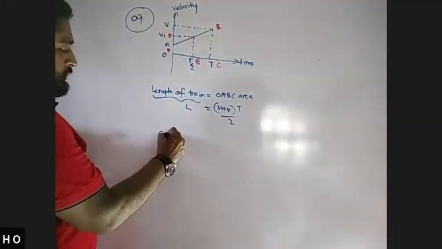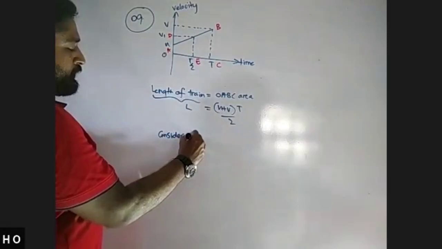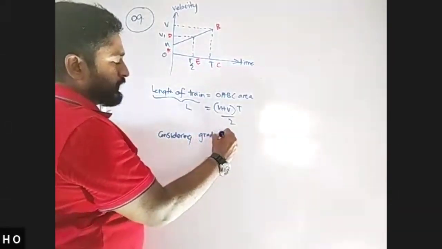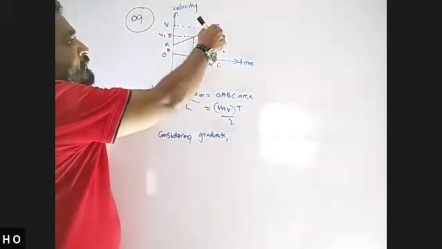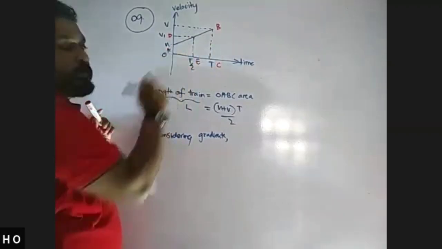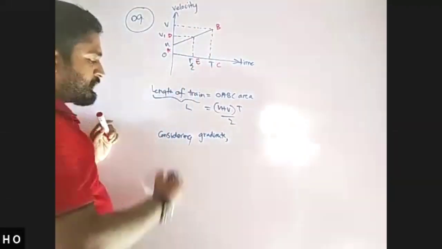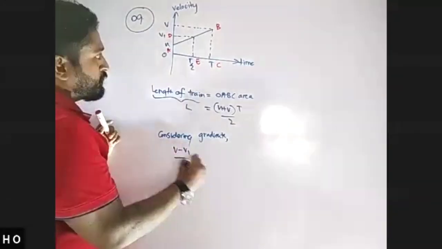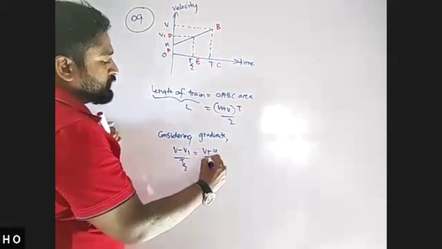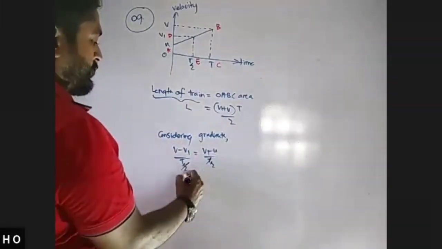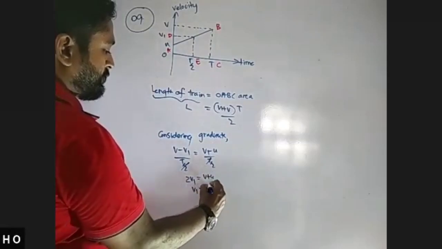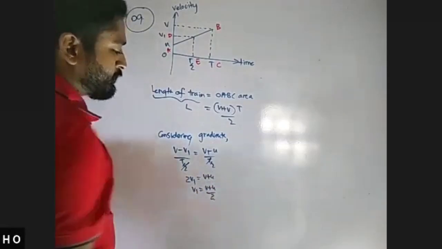You don't need to name the acceleration; just consider the gradient here. That is v minus v1 over t by 2 equals v1 minus u over t by 2. So 2v1 equals v plus u, v1 equals (v plus u) by 2. v1 done.